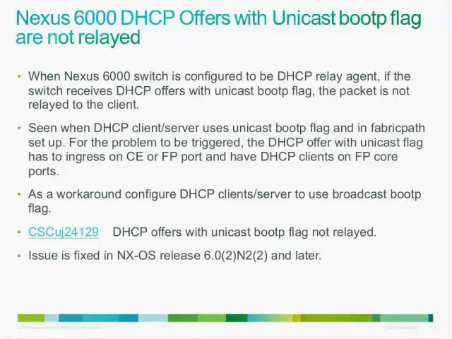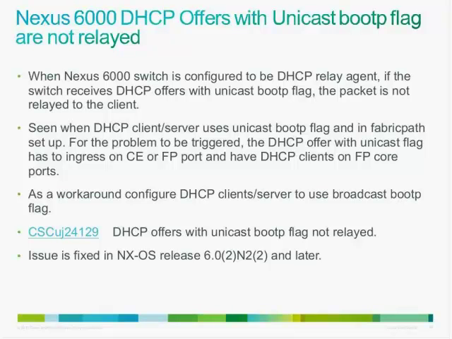Now, coming back to DHCP, we have seen another issue where the bootp flag is unicast and not broadcast, and again, this is all server dependent, right? Whatever is set on the client and how we initiate a discover to the server matters, and typically if you have Wireshark, you would be able to see it straight away, right?